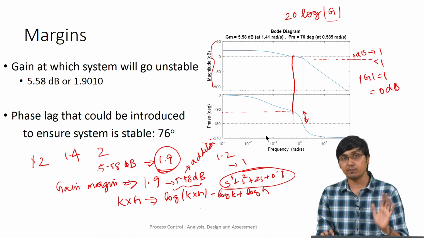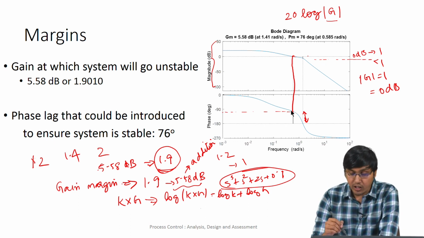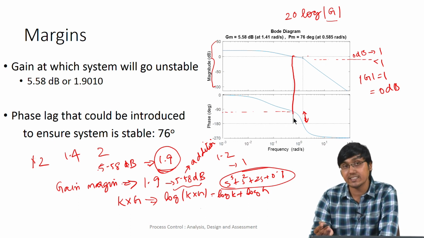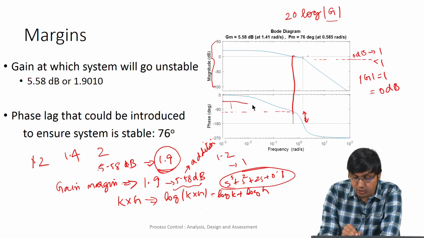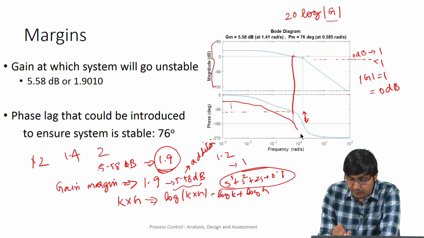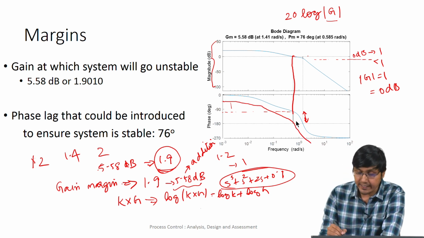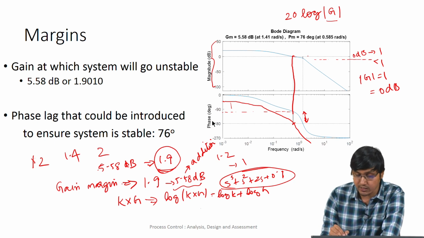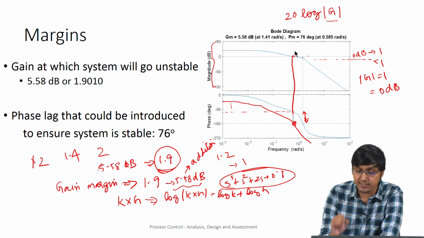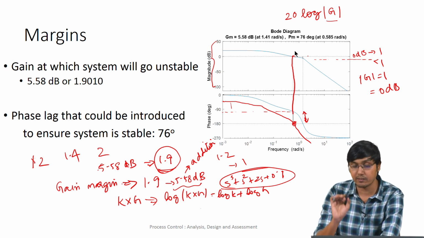So the system is stable, but if I introduce what phase lag will this system go unstable? If I shift this down by something like this, then at this point it becomes unstable, it becomes oscillatory, because the critical frequency has changed here, and at the critical frequency the gain becomes equal to 1, and so it starts oscillating.